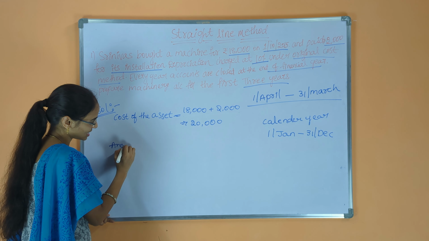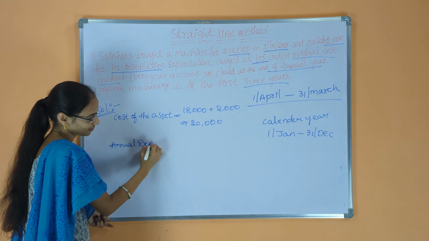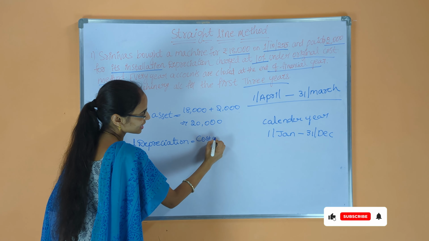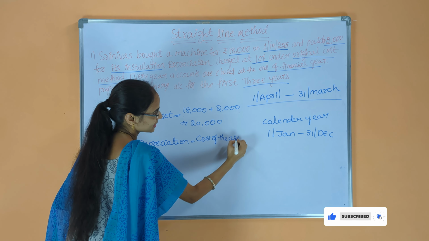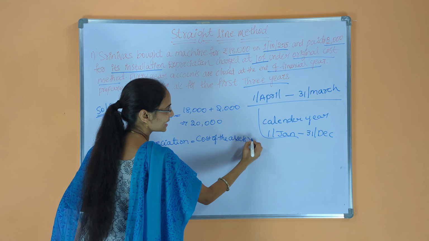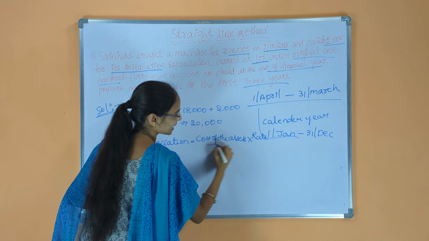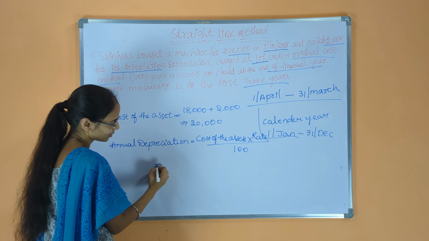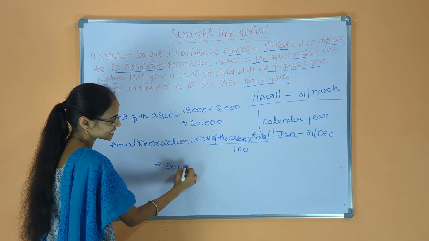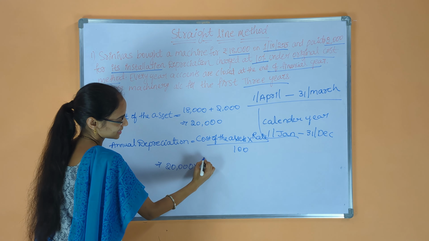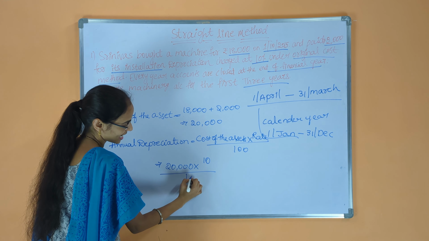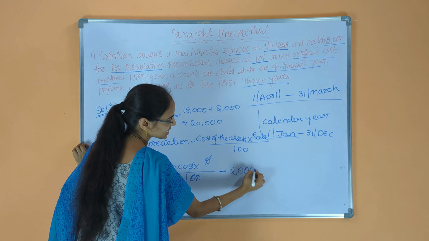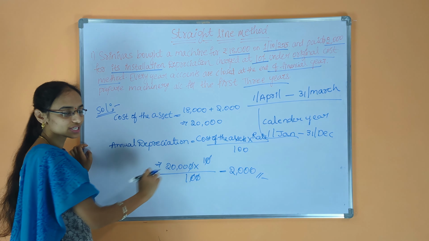Annual depreciation is equal to cost of the asset into rate by 100. Here the cost of the asset is rupees 20,000. The rate is 10%, which means 10 by 100. The zeros cancel. The annual depreciation is 2,000. This is the depreciation amount.